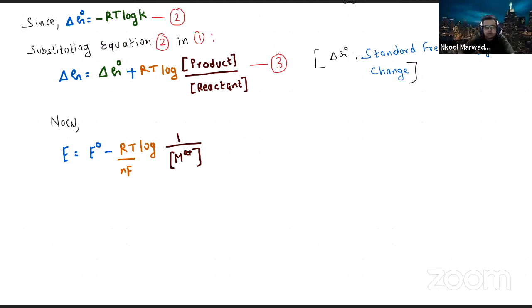So I can write it like this: E is equal to, I am just doing some mathematics, I am reversing the log. Whenever I reverse the log, it will become plus, so E equals E naught plus RT by NF log M A plus.